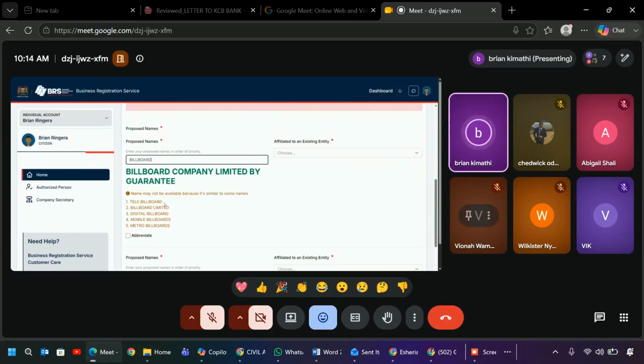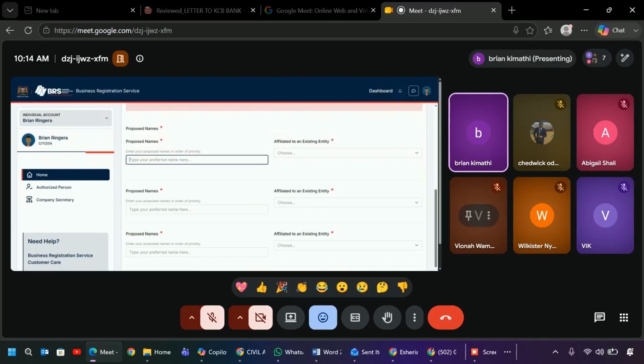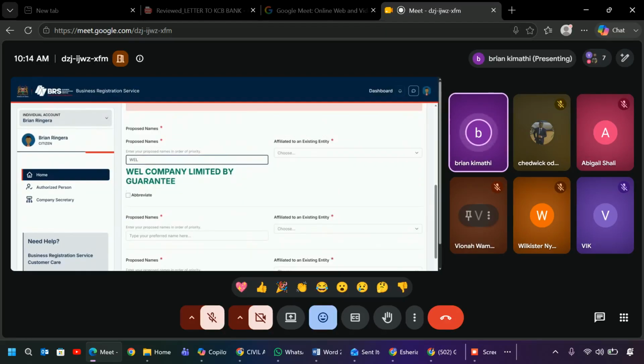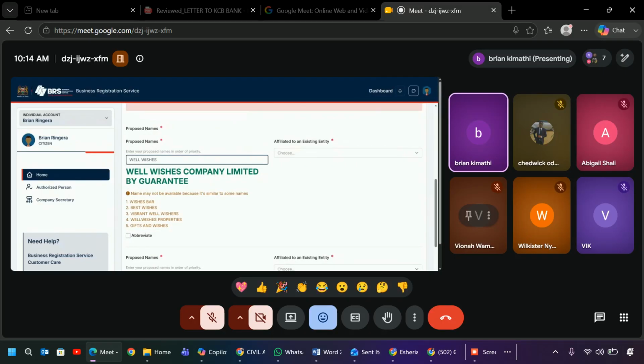It says the name may not be available because it's similar to some other names. Let me call this company limited by guarantee Well Wishes. You see, it still says I can't register because there are names that are similar.